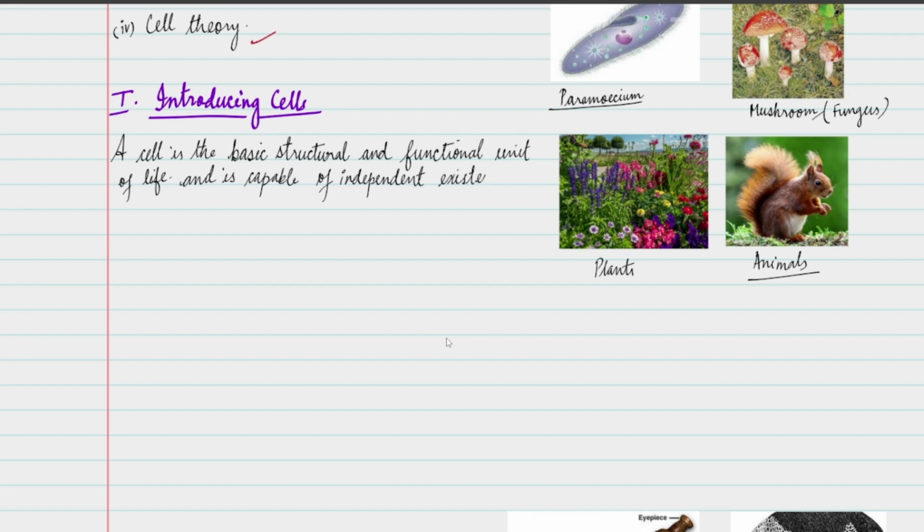So we can also say that a cell is the smallest part of an organism which can carry out all the essential processes of life.